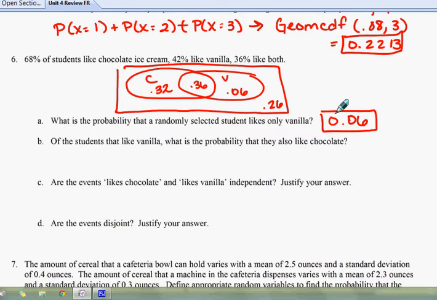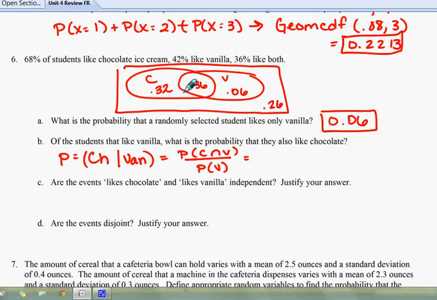Of the students that like vanilla, so for this one we're given vanilla, what is the probability that they like chocolate? So the probability that they like chocolate, given that they like vanilla, is the probability of both, chocolate and vanilla, over the probability of the given.